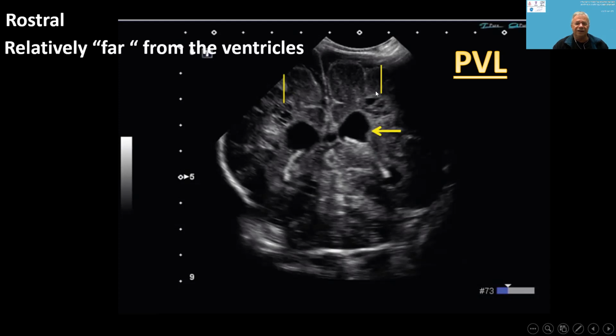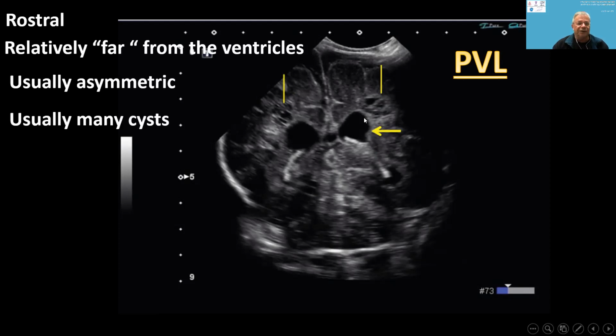Relatively, they are far away from the ventricles, not adjacent to them. Usually asymmetrical, not beautiful round cysts. Usually many cysts, and usually in the 3rd trimester.